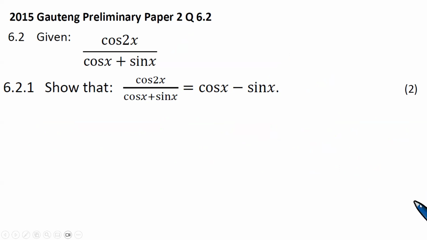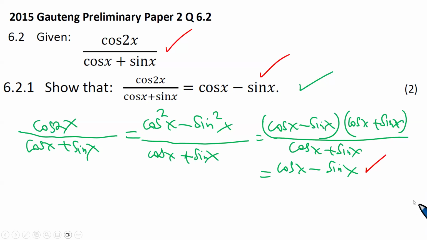By dint of the fact that we showed that whenever we have cosine 2x over that in the previous question, it gave us cosine x minus sine x. So it's going to be exactly that. So we continue.